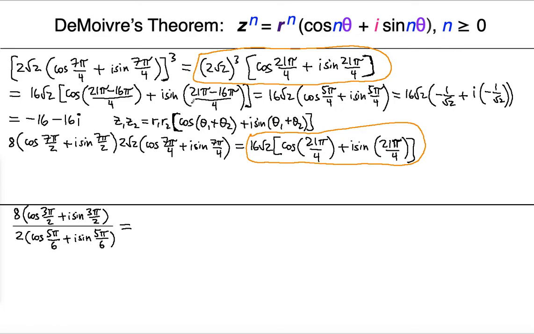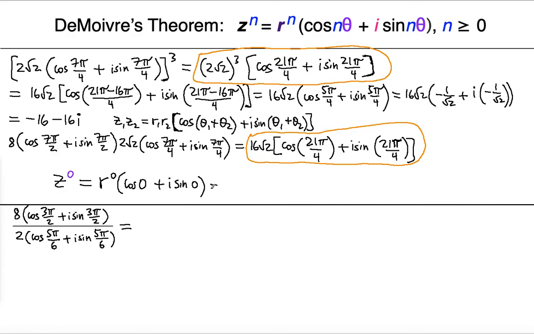So let's experiment. Let's think about what happens when n is equal to 0. If we plug this into the formula, let's see what we're going to get. We will get r to the 0 cosine, and 0 times the argument is still 0. So cosine of 0 plus I sine of 0.